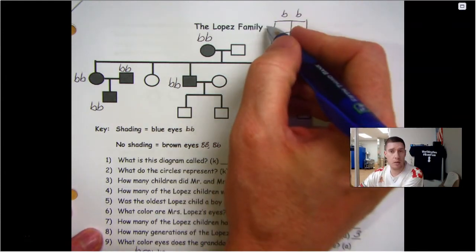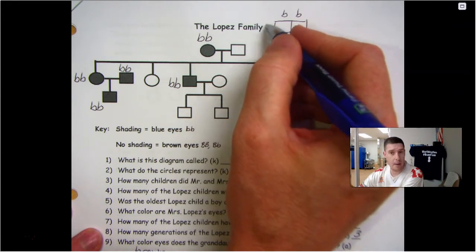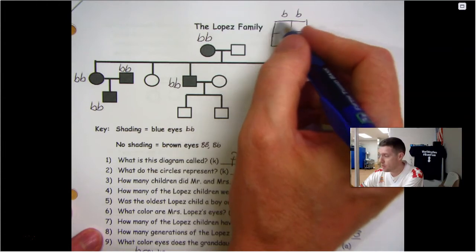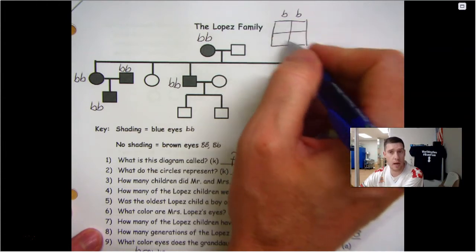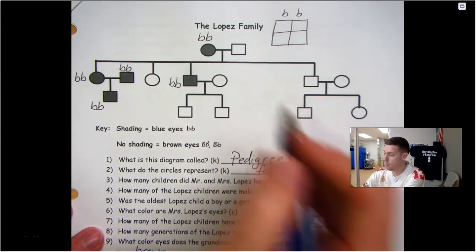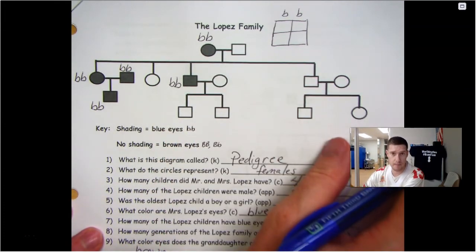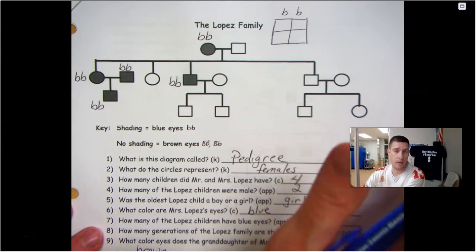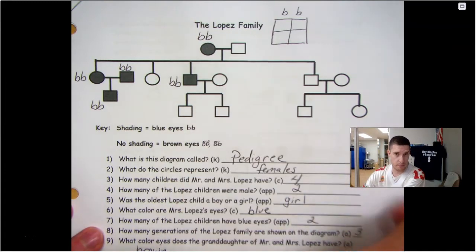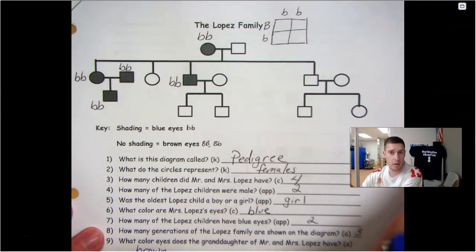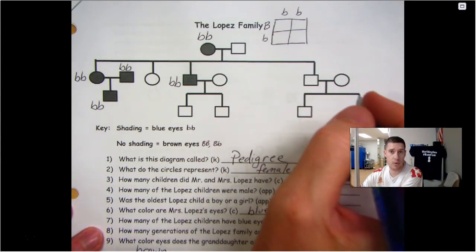Well, it can't be homozygous dominant Bs, because this would just be heterozygous all the way, 100%. And 100% of their kids did not come out heterozygous. So Mr. Lopez can't be homozygous dominant. He also can't be homozygous recessive. How do I know that? His shape isn't shaded in. So, by process of elimination, we can now figure that he has to be heterozygous.